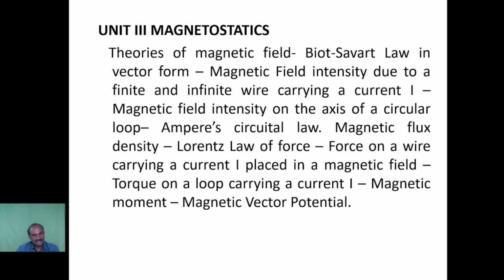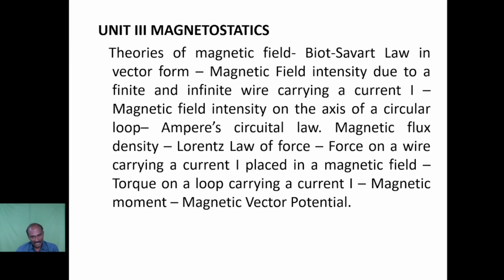Moving of charges is nothing but current. So current is the source. Here current is the source for magnetic field. So due to current we have magnetic field. In this unit, we have to find the magnetic field intensity around a moving charge, or a conductor carrying the current.